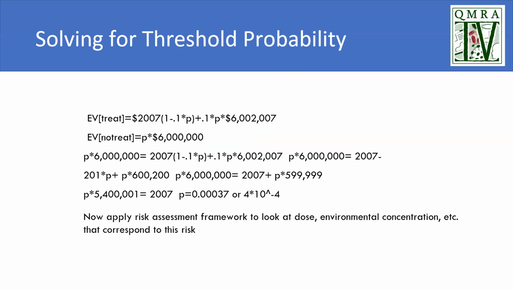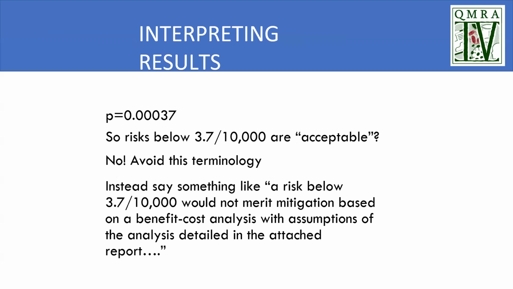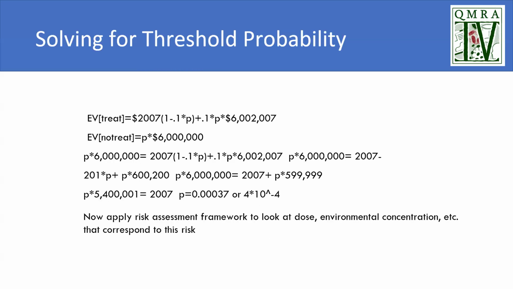So for the treatment, the point of use device, we had $2,007 times 1 minus 0.1 times P, plus 0.1 times P times 6,002,007. For no treatment, the cost here is just the single term, P times $6 million.